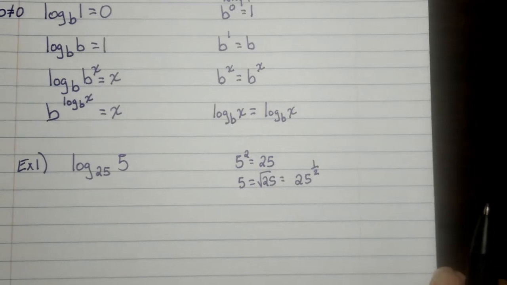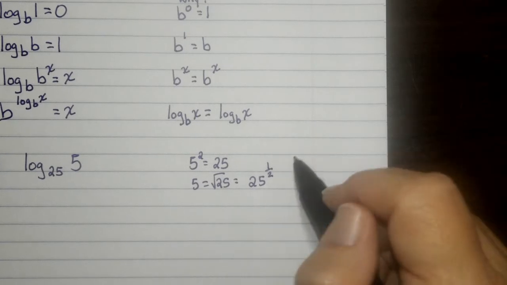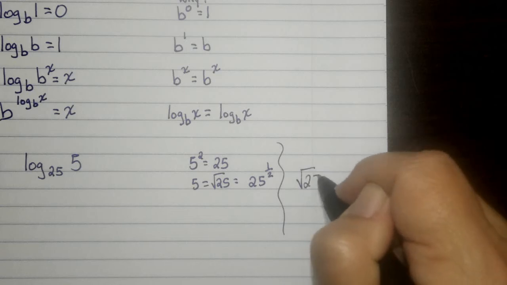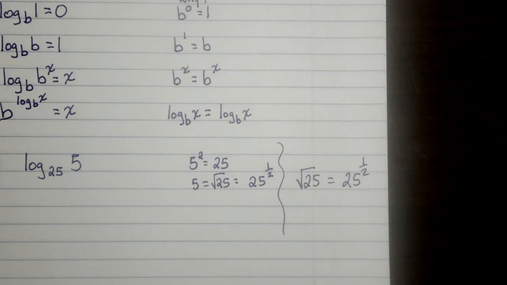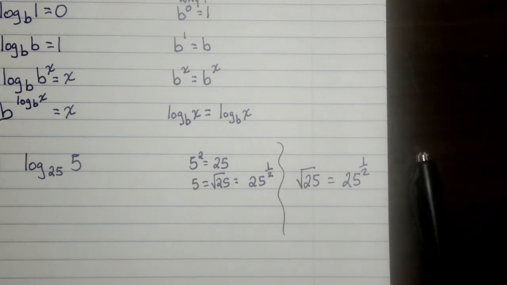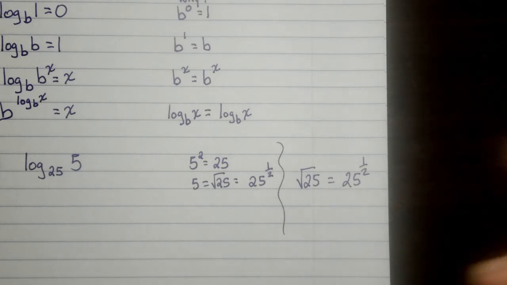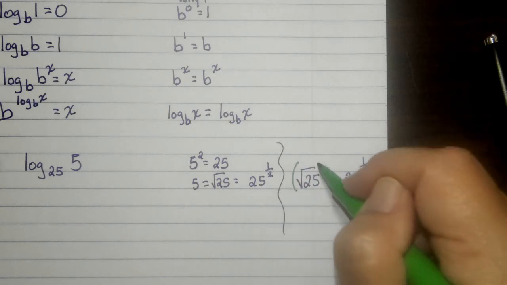So I saw some people who were shocked, like, what? I never heard of such a thing. Let's just look at it for a minute here. Square root of 25 equals 25 to the 1/2 power. It's true. So if you didn't know it before, I'm telling you it's true. But why should you believe me? Let me show you. If I have this and I claim that it's true, what happens if I square both sides?